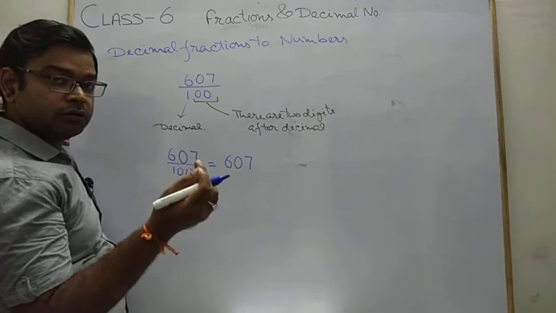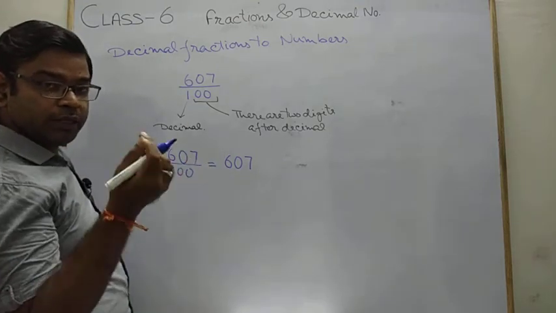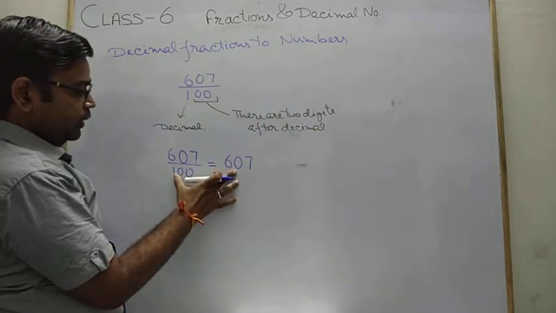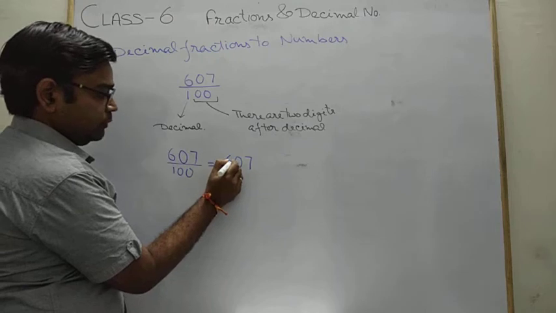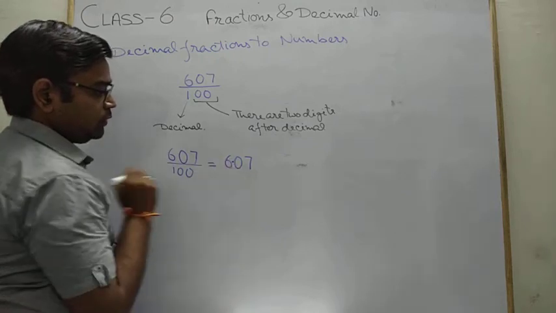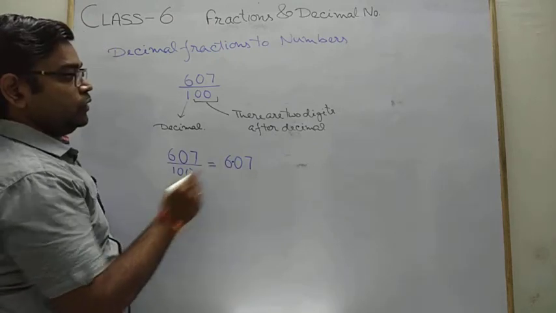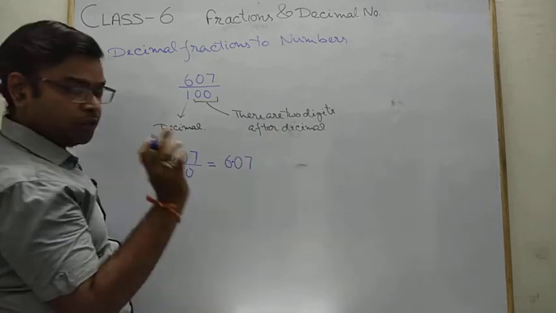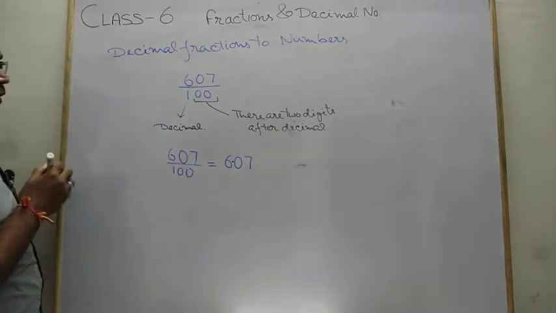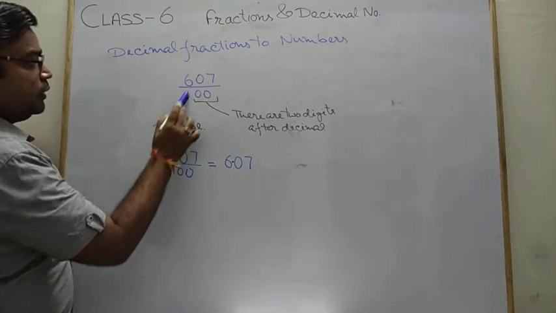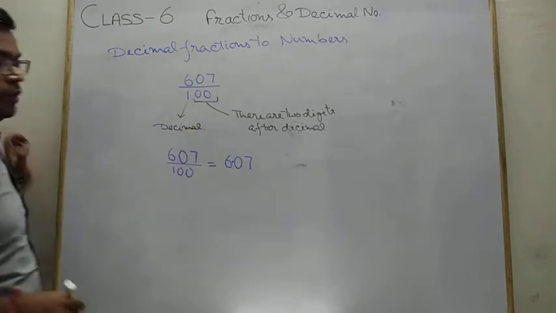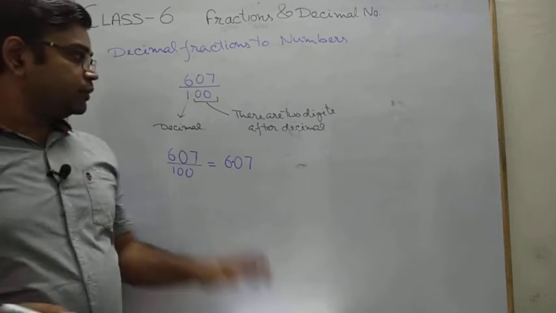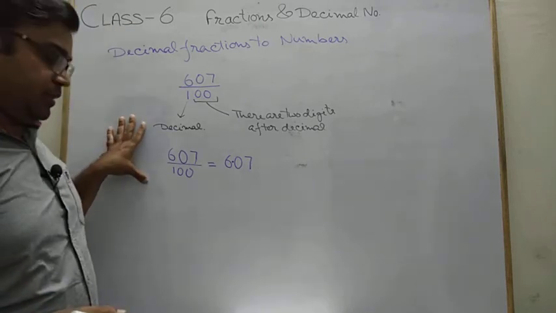We count 2 places from the right-hand side, 1, 2. Then after 2 places we have to place the decimal sign over here. So there are 2 digits after the decimal, 1, 2. Likewise we can express it easily. This is the simplest tricky method.